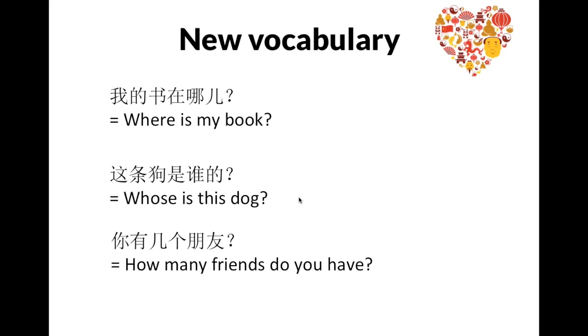Whose is this dog? 你有几个朋友? 你 you, 有 have, 几个 how many? So how many, then you have the measure word there as well. 朋友 friend. So you have how many friends? How many friends do you have?